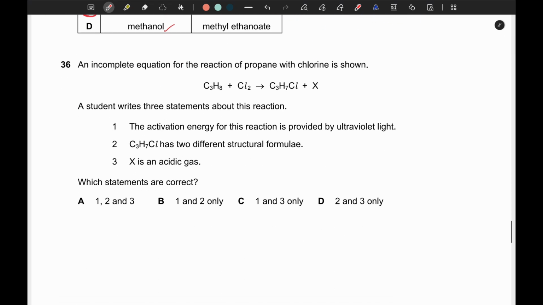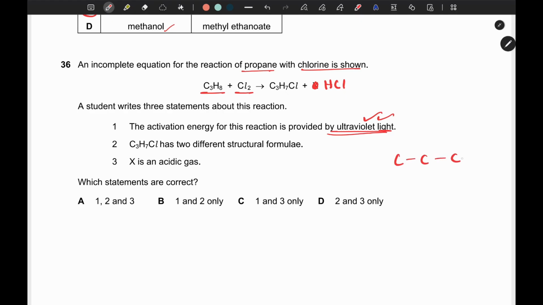An incomplete equation for the reaction of propane with chlorine is shown. So C3H8 plus chlorine gives C3H7Cl plus X. So since one of the hydrogens is replaced with chlorine, X is simply HCl. A student writes 3 statements about this reaction. The activation energy for this reaction is provided by ultraviolet light. This statement is correct. One of the important requirements of this substitution reaction is the presence of UV light. C3H7Cl has 2 different structural formulae.